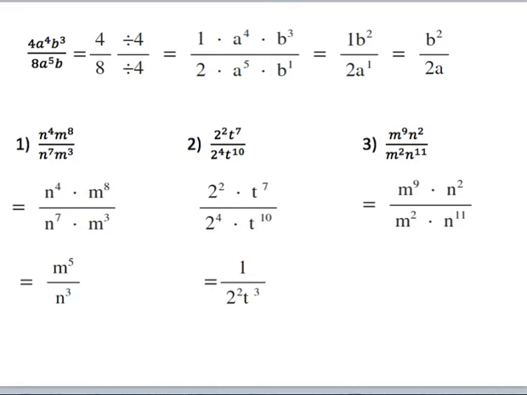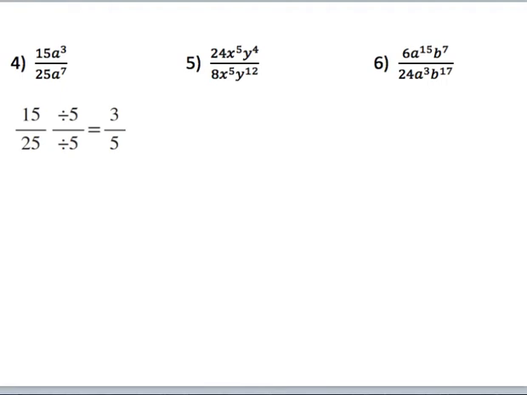For number 3, you'd first space it out and then subtract your powers. For number 4, this one has a coefficient in front. So I would take the two coefficients, the normal numbers without exponents, and simplify just that part of the fraction.